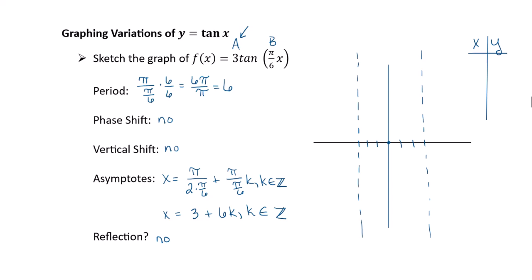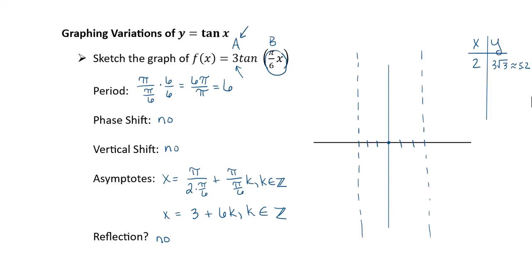Now, if x were 2, we would have pi/6 times 2, which would make it pi/3. And the tangent of pi/3 is the square root of 3, and then we have to multiply by the 3 in front. So that's 3 square roots of 3, and we estimate on the calculator it's about 5.2.